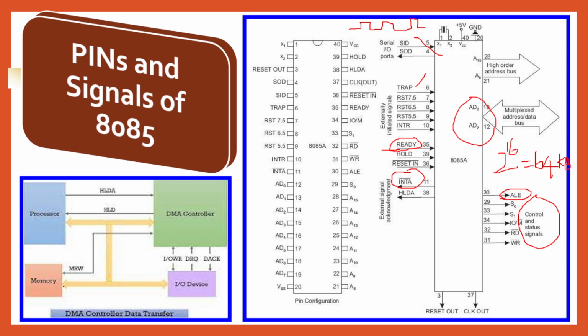The data transaction happens between IO and memory directly at high speed. Whenever it completes, it will remove the request. Then the DMA will remove the hold signal, and the processor will remove the acknowledgement. Then the normal function is taken back by the microprocessor. So that's the function of the DMA signals, HOLD and HLDA.